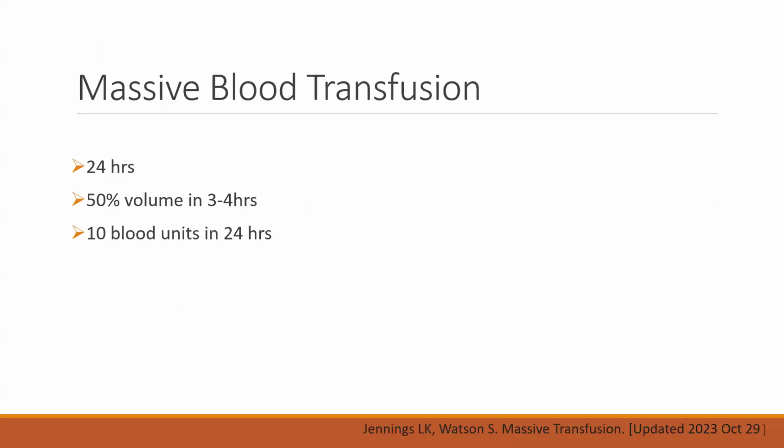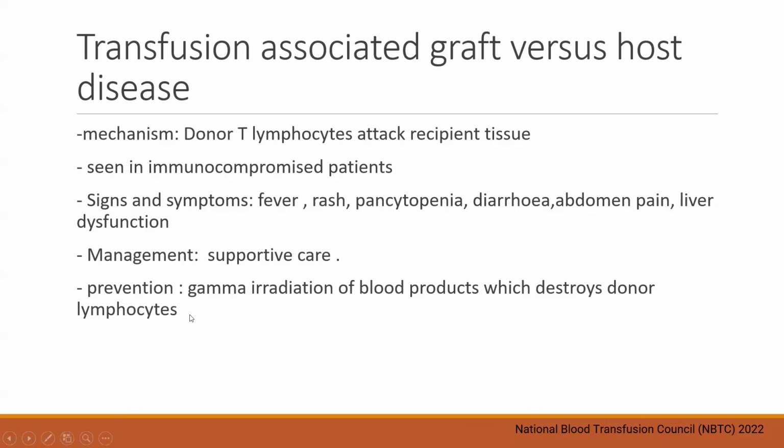Whenever an immunogenic antigen is transfused into another body, the recipient body will immediately destroy it. But here, since they are blood relatives and the HLA is matching, there is an immune escape mechanism. So these T lymphocytes go and destroy the recipient cells. This is what happens when you transfuse blood from your own relatives.